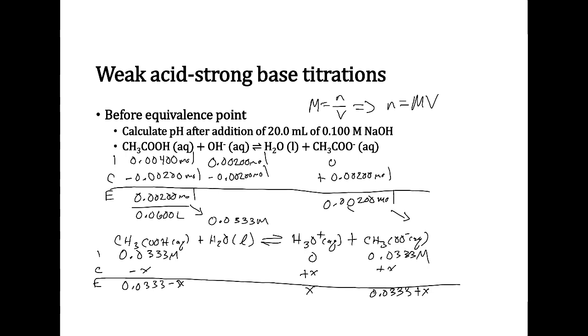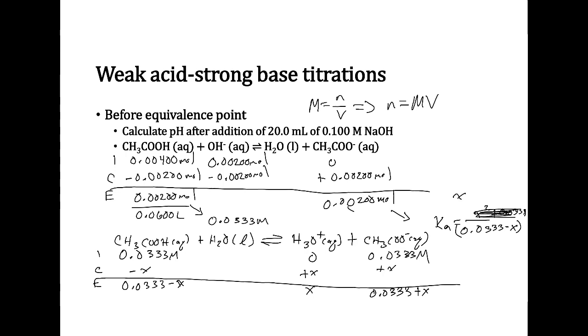So remember that Ka is equal to 1.8 times 10 to the negative fifth. We'll have X squared over 0.0333 minus X. Let's rewrite this numerator like this.